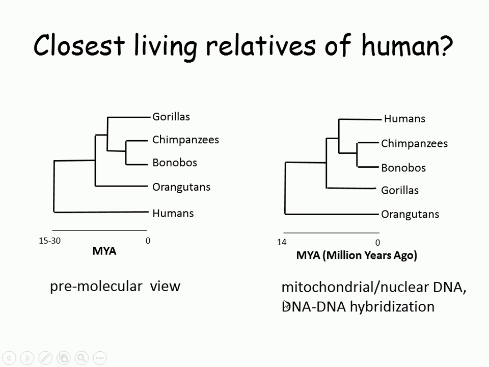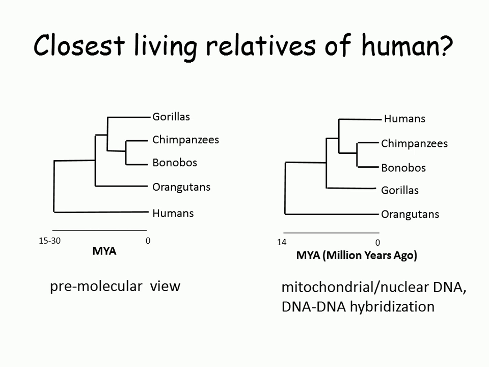And this tree was generated from mitochondrial and nuclear DNA from DNA hybridizations. So you do not necessarily need to know the entire genetic sequence of these organisms to construct these trees. In this experiment, they used DNA hybridization. You just take the DNA of two species and see how well they hybridize. If two DNA strands are complementary, they will hybridize together, right?